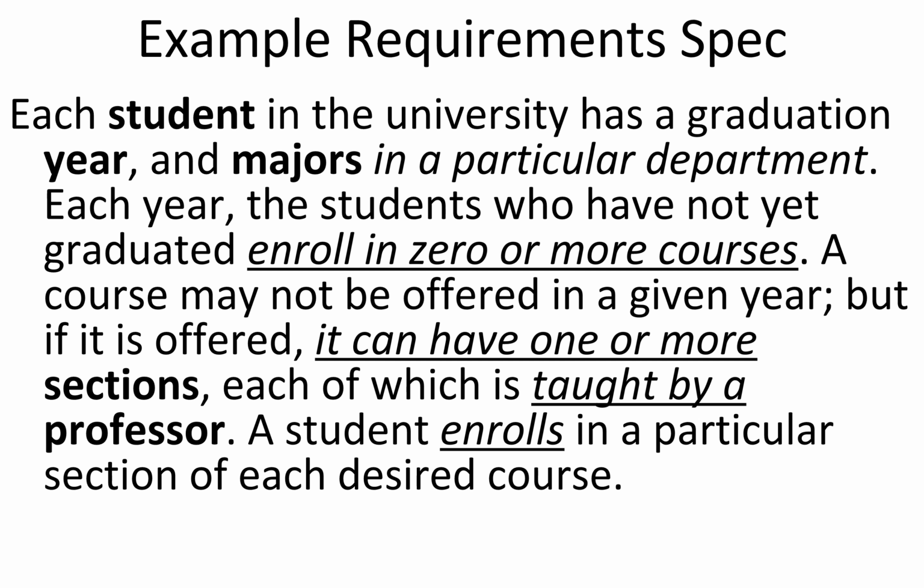A course may not be offered in a given year, but if it is offered, it can have 1 or more sections. So this gives us clues about, okay, it could be not offered in a given year. So this gives us clues it's 0 or more, or 1 or more, right? Maybe it's required to be every year. Over here it says that if there is a course, then it can have 1 or more.